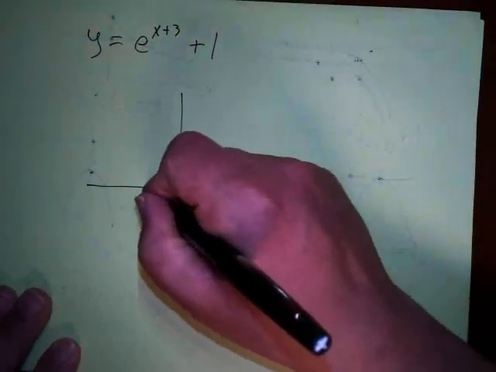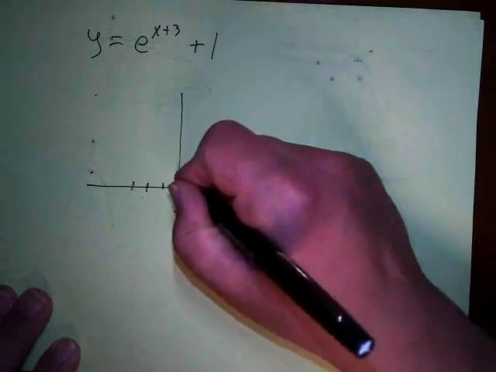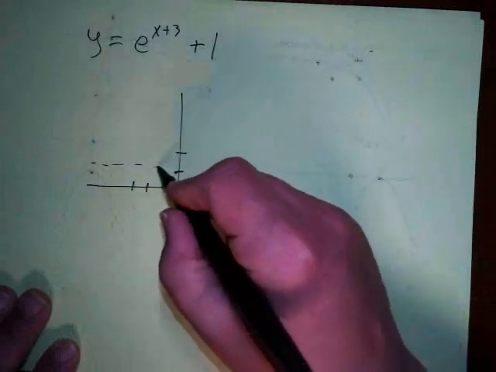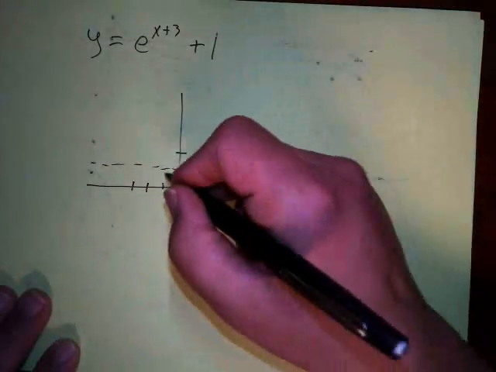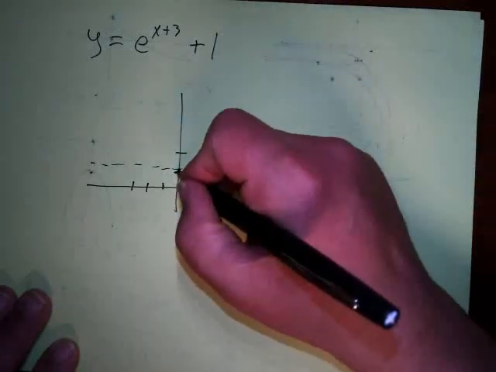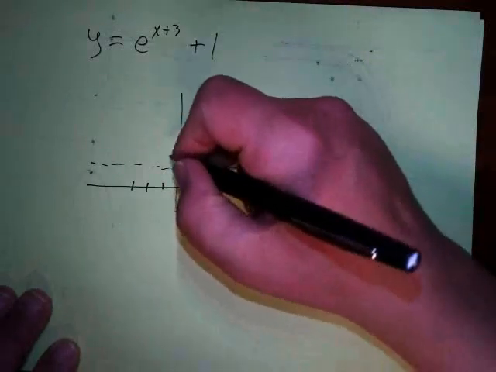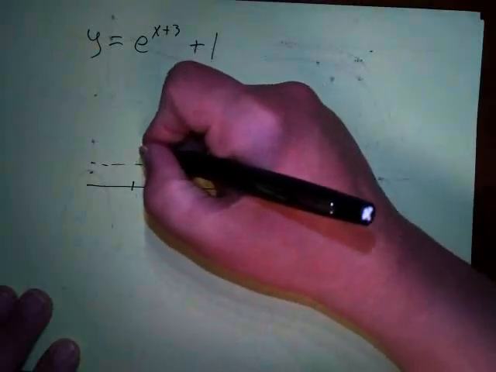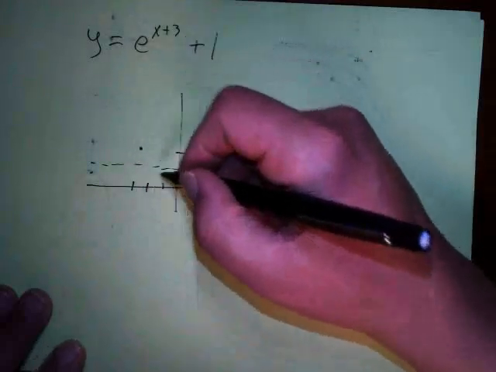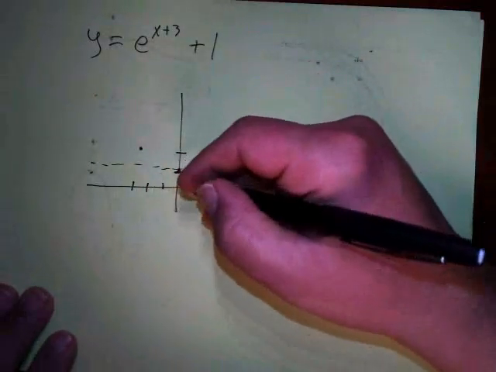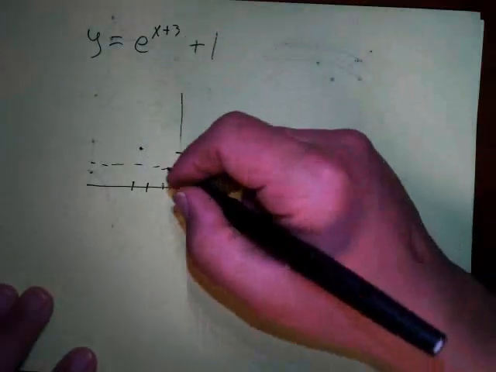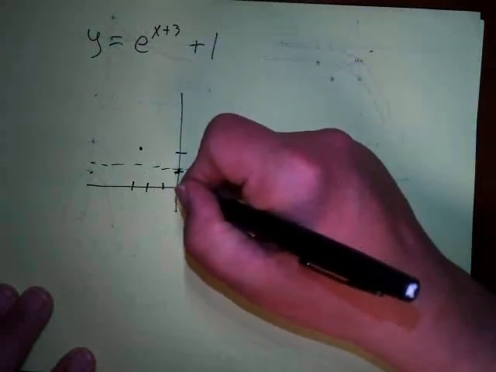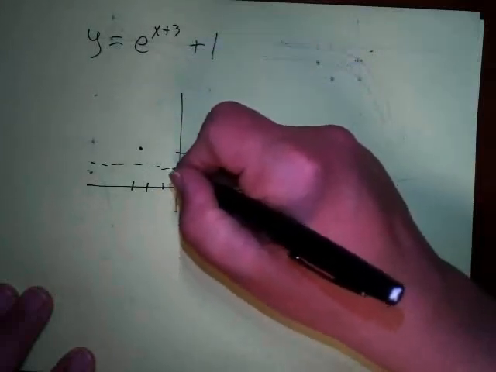So this axis is going to be moved up. The x-axis is going to be moved up 1. The point that's normally here is going to be also moved up 1, but over 3. So it would be right here. Another way to think of this is you're moving the origin up 1 and over 3.